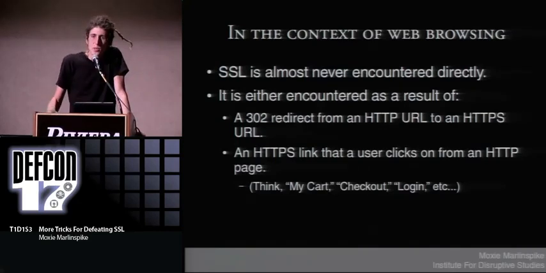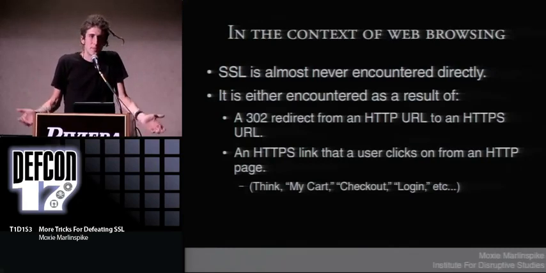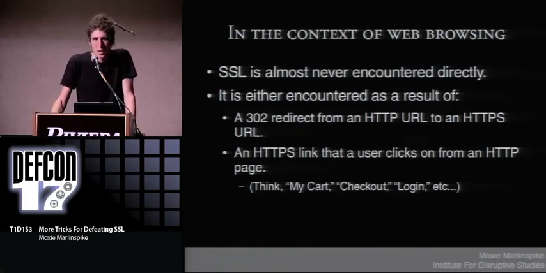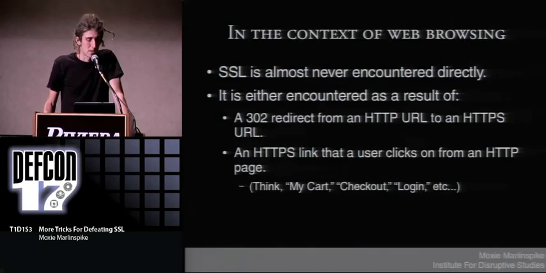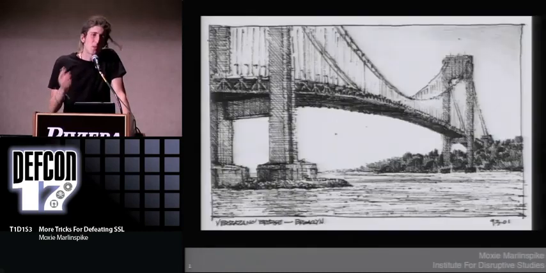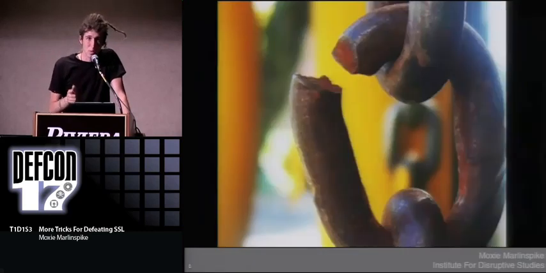And then the second way is through clicking on links, right? So most users browse along, and eventually they encounter a link that says sign in or shopping cart or checkout or whatever. And that's the moment where they encounter SSL on the web. So both of those points are bridges between an insecure and a secure protocol. And they're weak points.